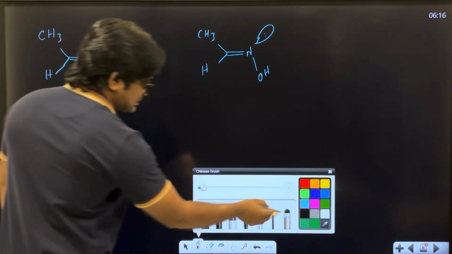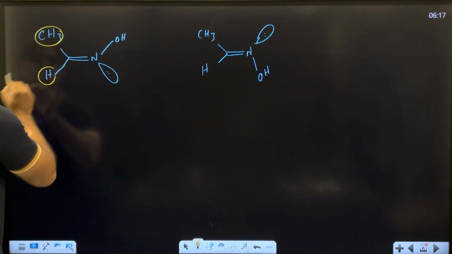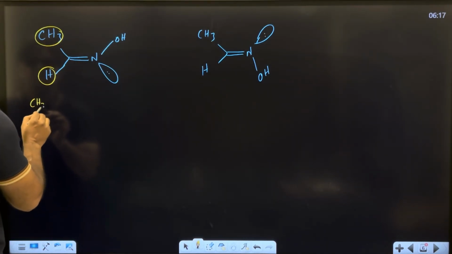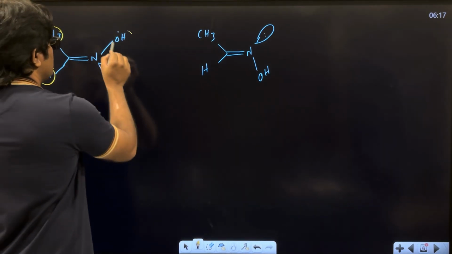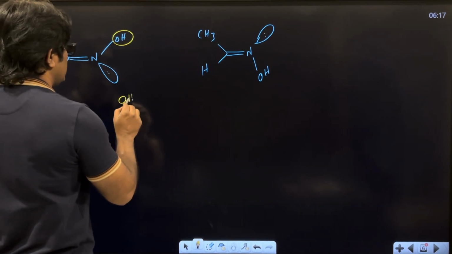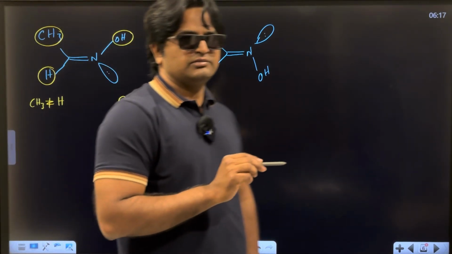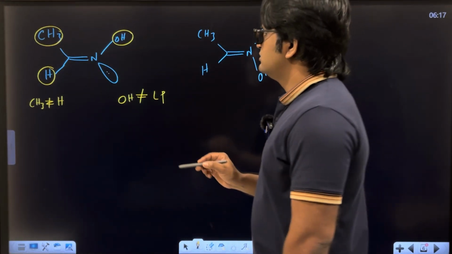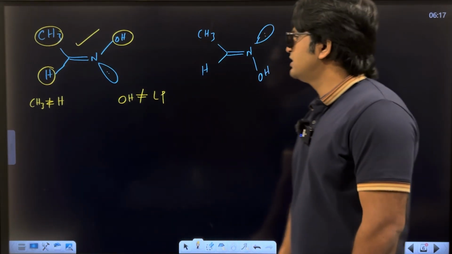Hydrogen, methyl and hydrogen. Same or different? CH3 is not equal to hydrogen. These two are not the same. Here OH and lone pair, these two are also not similar. Now proper substitution is satisfied. This molecule can exhibit geometrical isomerism.